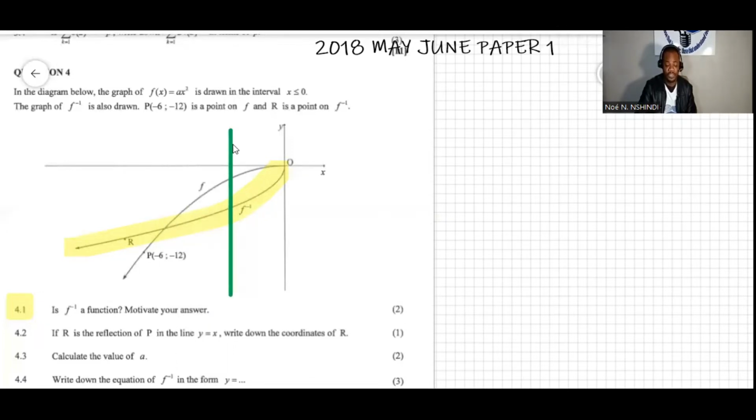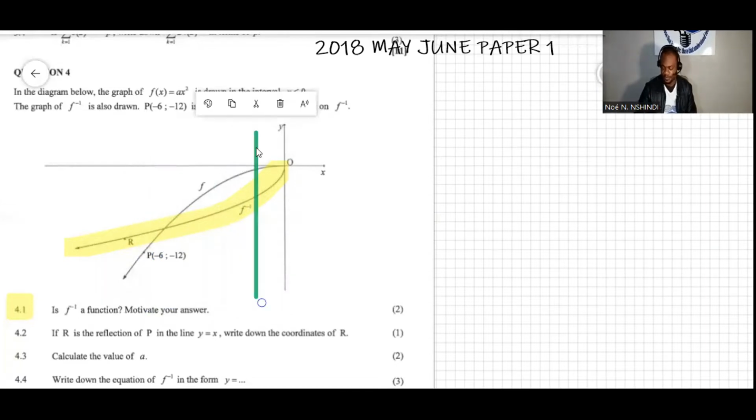In the interval x is less than -1, the vertical line can cross f^-1 at exactly one place. In other words, for every x value, there is exactly one corresponding y value. So it passes the vertical line test.